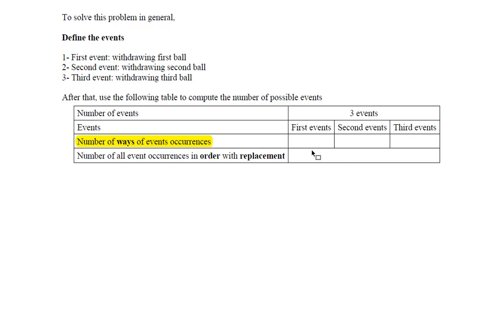And the number of event occurrences for the first event is 3 ways, the second event 3 ways, and the third event 3 ways. And after that, we get the number of all event occurrences in order and with replacement, which means all possible outcomes of the event withdrawal. And they are 3 times 3 times 3, which is 3 to the power 3, which is 27 possible outcomes.